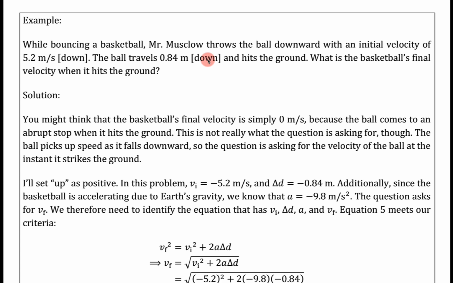The basketball absolutely does come to an abrupt stop when it hits the ground. But that's not really what the question is asking for. The ball picks up speed as it falls downward, so the question really wants to know what velocity the basketball has at the instant that it strikes the ground. So what velocity does it hit the ground at?